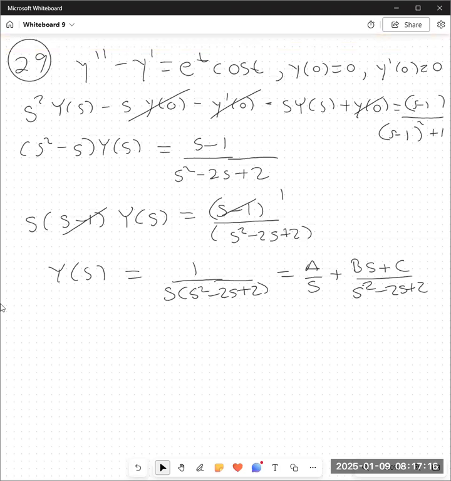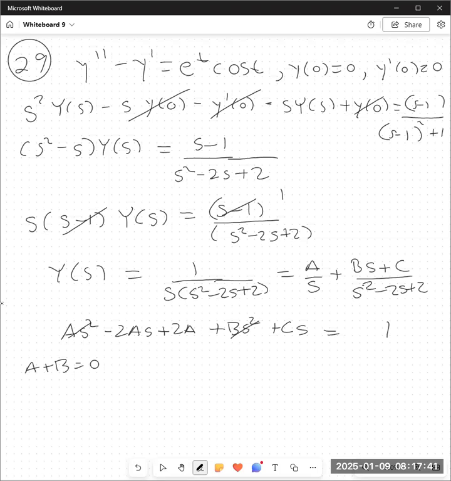We have A s² - 2A s + 2A + B s² + C s equal to 1. So my s² terms are A + B = 0.